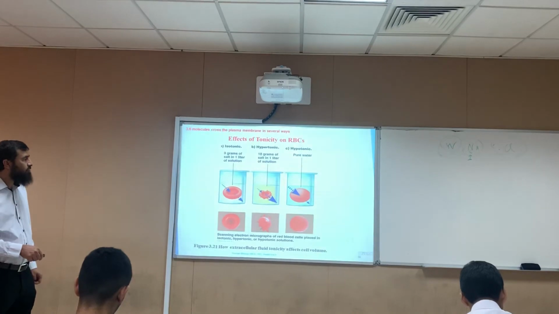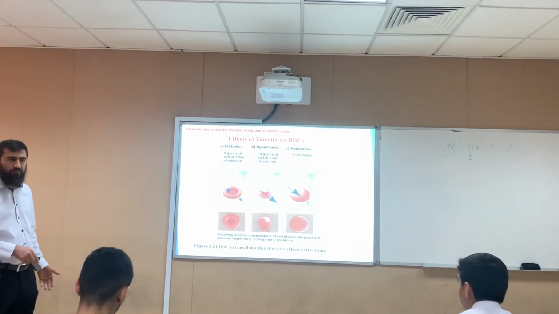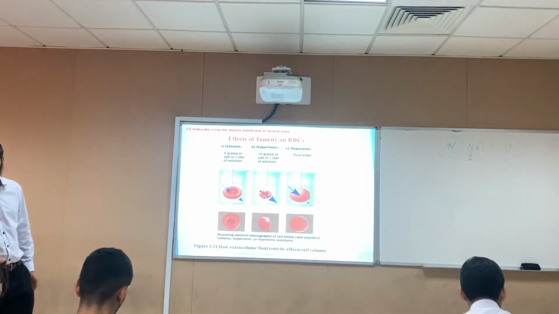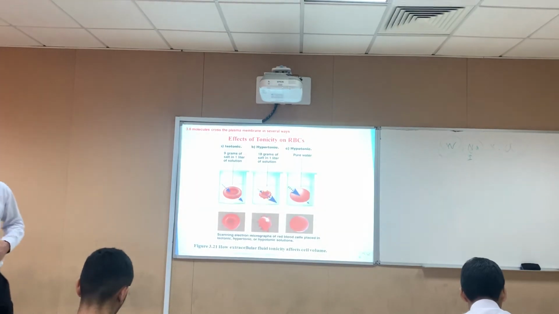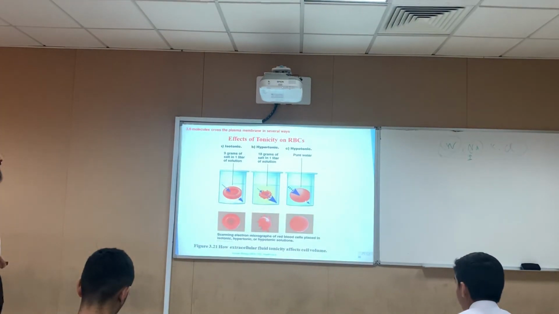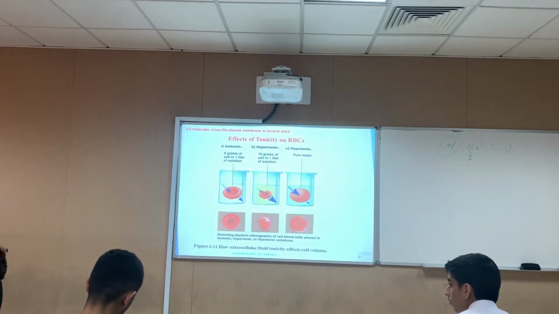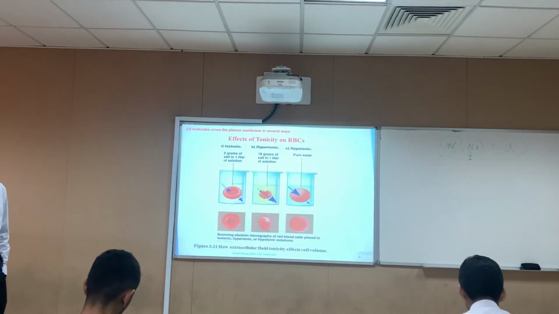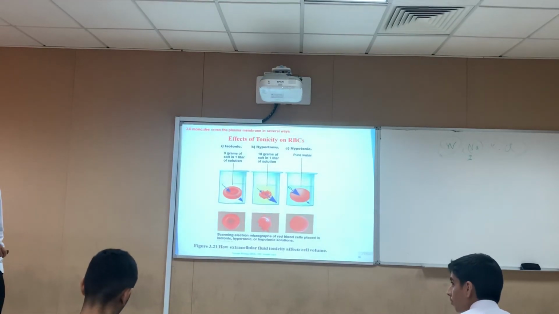So this is the effect of tonicity on the blood cells, and we did this experiment in the lab. For the hypotonic, the small arrow means that a small amount of water is getting out. It's just saying that the amount of water leaving the cell is far less than the amount coming in, okay? There might be some water moving out, but the net movement of water is into the cell.